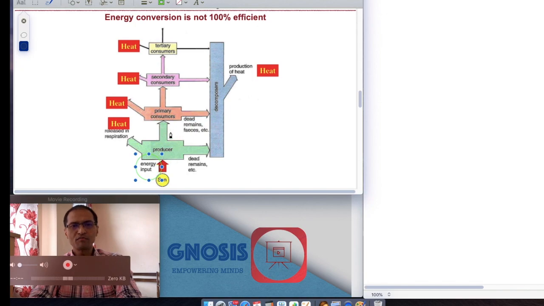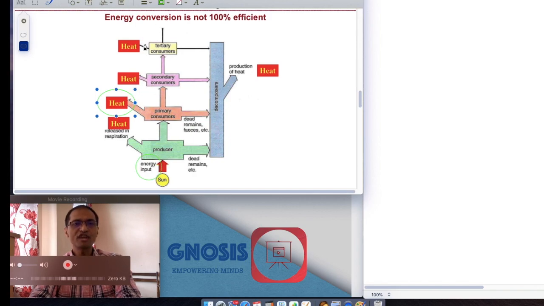Now, when this biomass is then consumed by the primary consumer, in this process the energy is transformed from one form into another form. But in this process also, the primary consumers will lose out some of the energy in the form of heat. And this is repeated from the primary to the secondary consumer, from the secondary consumer to the tertiary consumers, to the top consumers.